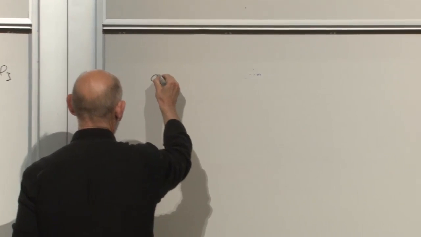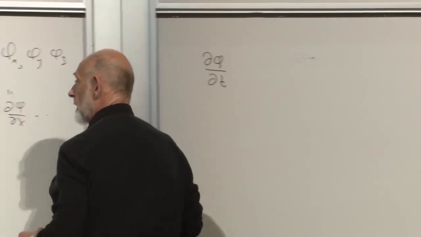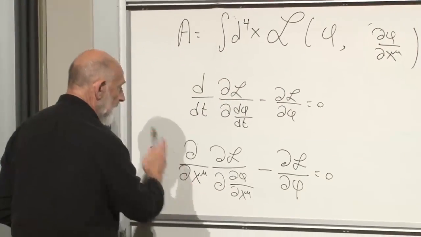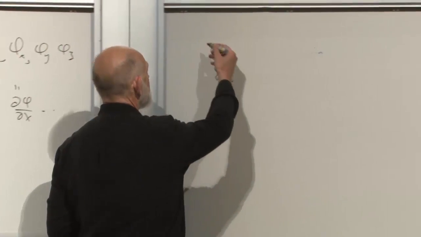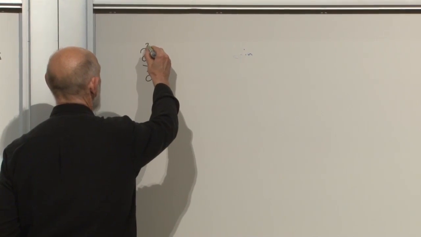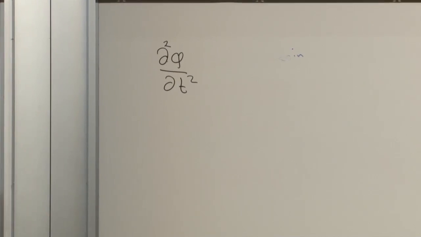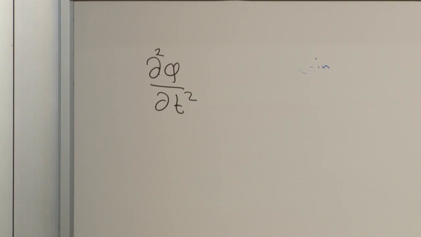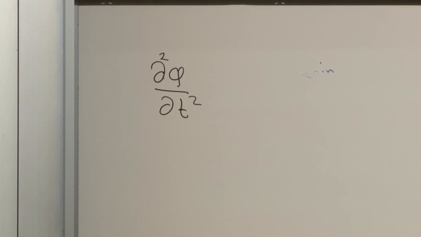Phi dot meaning d phi by dt. That's the derivative of the Lagrangian with respect to phi dot. And then we're supposed to differentiate that with respect to time. So that becomes, on the left side, the second derivative of phi with respect to time squared. It's analogous to the acceleration. In fact, it is the acceleration of the field, d second phi by dt squared.